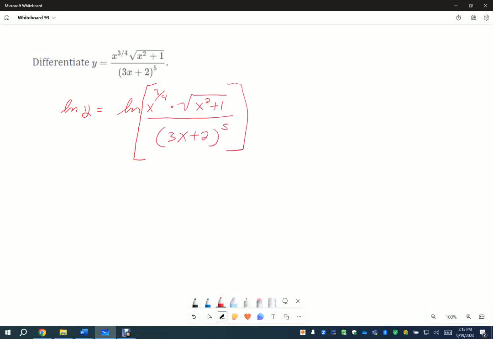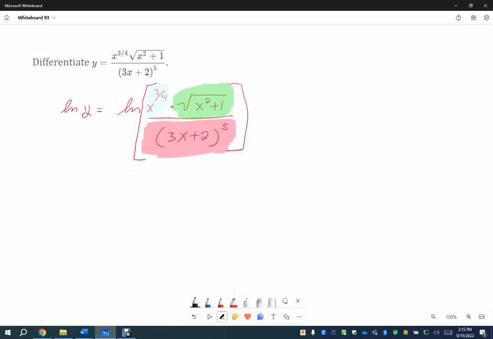Now, what I hope is that you recognize that there are three objects that are connected by multiplication and division, and we have a property that allows us to break up multiplication and division of logarithms. So we're using our addition and subtraction of logarithm properties.